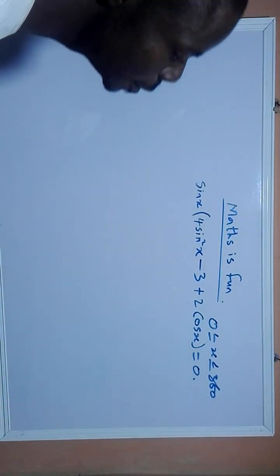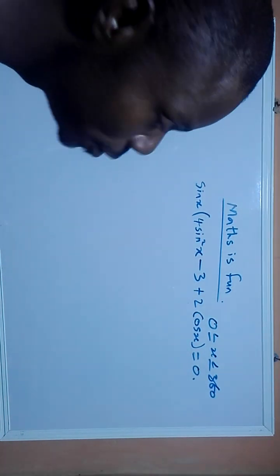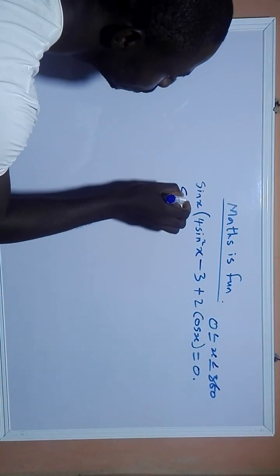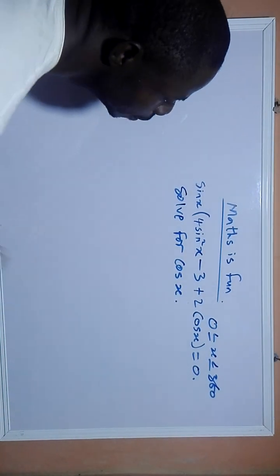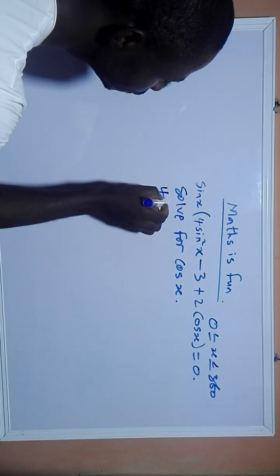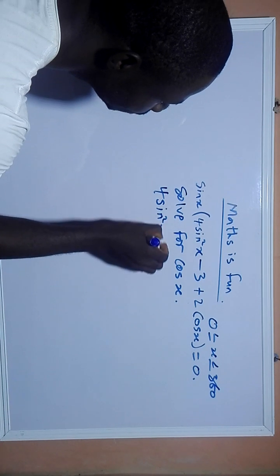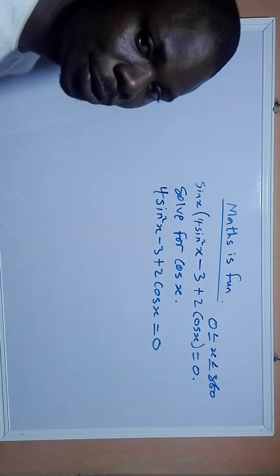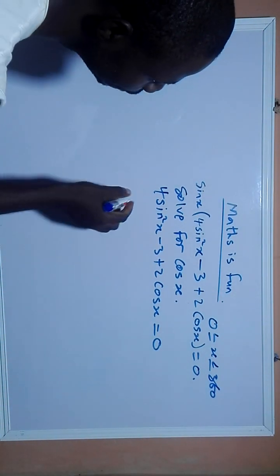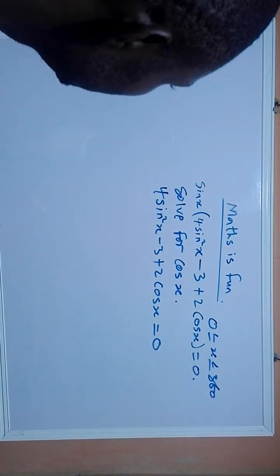So now that we have gotten sine x to be those values, we have to solve for cos x from this. So we now have 4 sine square x minus 3 plus 2 cos x is equal to 0. Now what can we do from here?